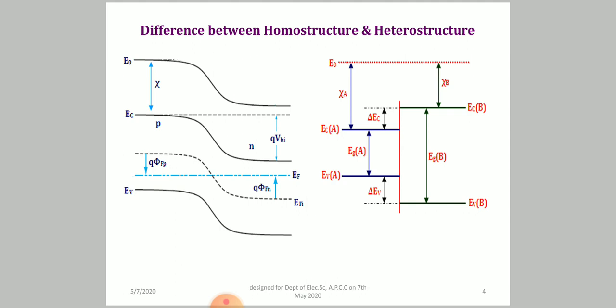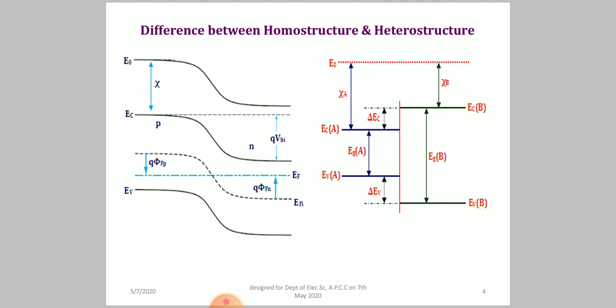Make it very clear, both are junctions. Now remember, if on either side of the junction the band gaps of the materials are different, then it will be a heterostructure. But if the band gap is the same, that means the same material, obviously. If you change the material, then only the band gap will be different. But if the band gap remains the same on either side of the junction, it will be a homojunction.